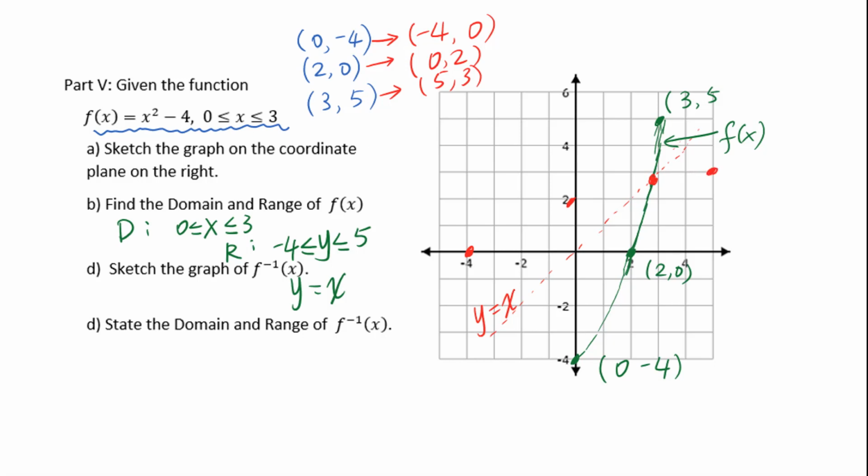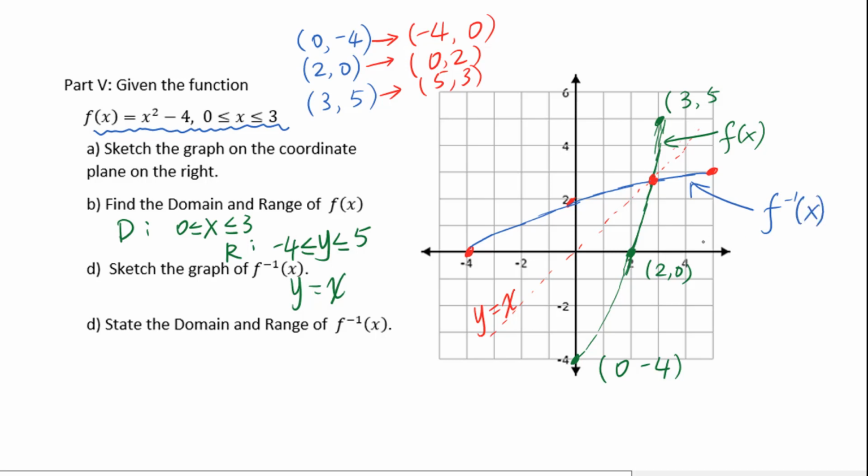We connect these 4 points to form inverse of f of x. This will be inverse of f of x.